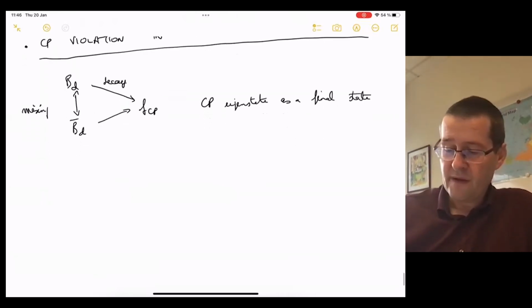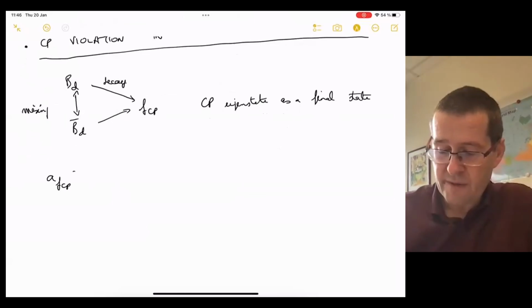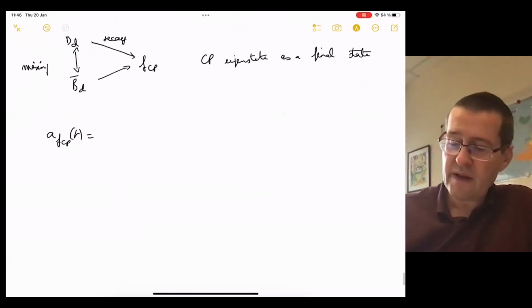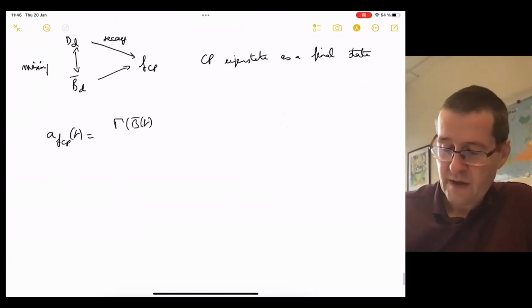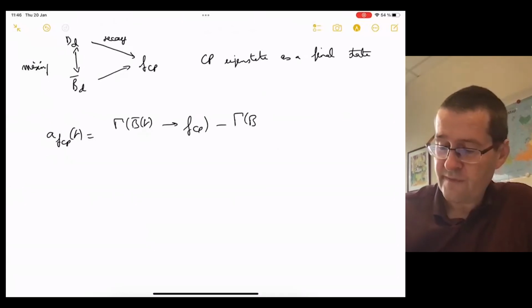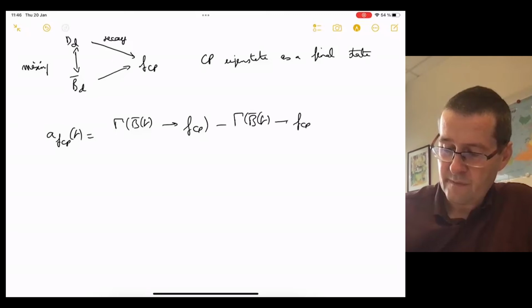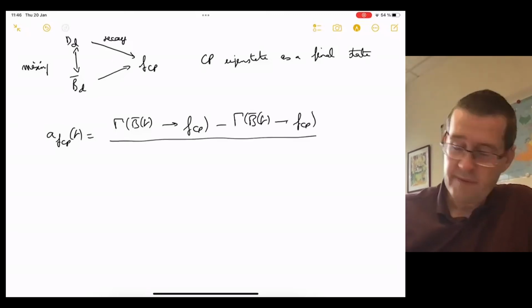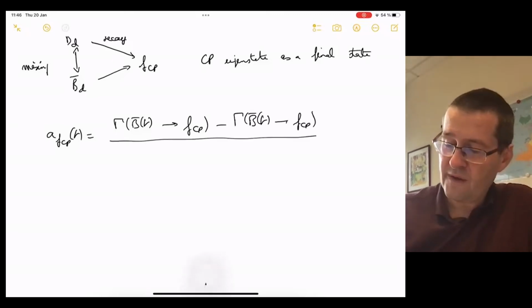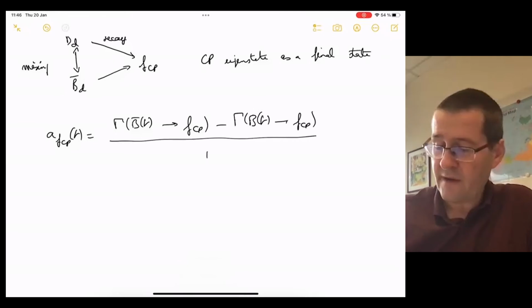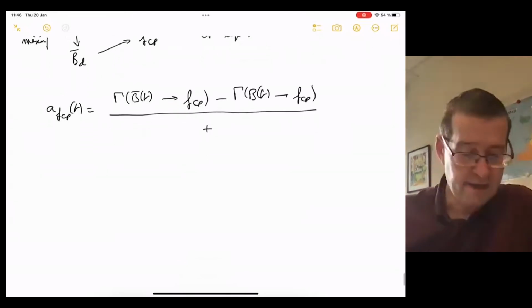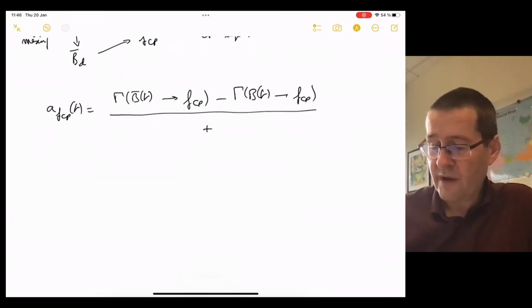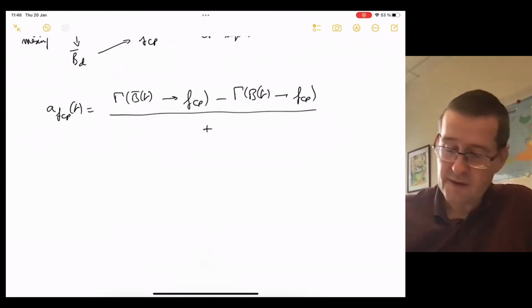And so you can build an asymmetry that will be a combination of the two previous cases. So you start with a given B or B bar, and then you let it evolve and decay.